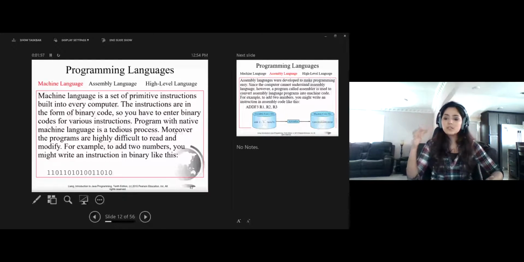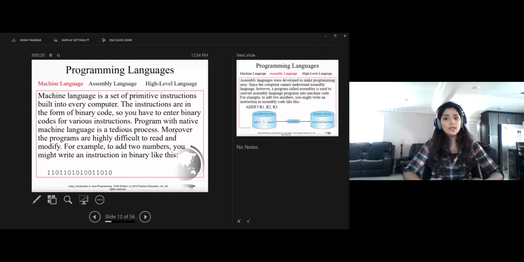When it comes to the types, you have a low-level language, medium-level language, and then high-level language. Low-level language is computer understandable language, also known as machine language. If you take a look at the given example in front of you, 11011, that is a low-level language. Low-level language is machine language, also known as binary language.